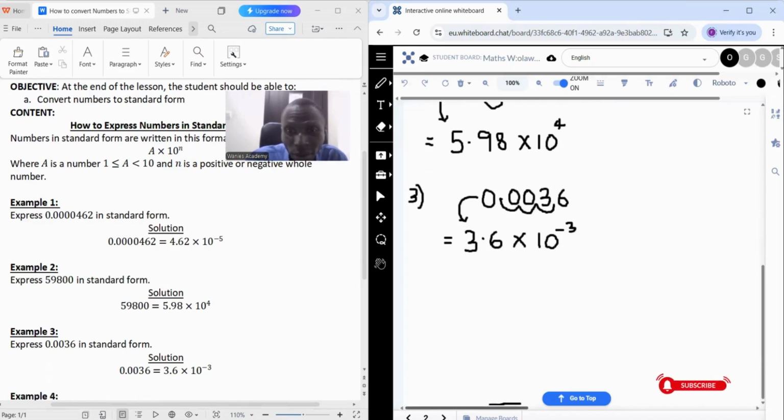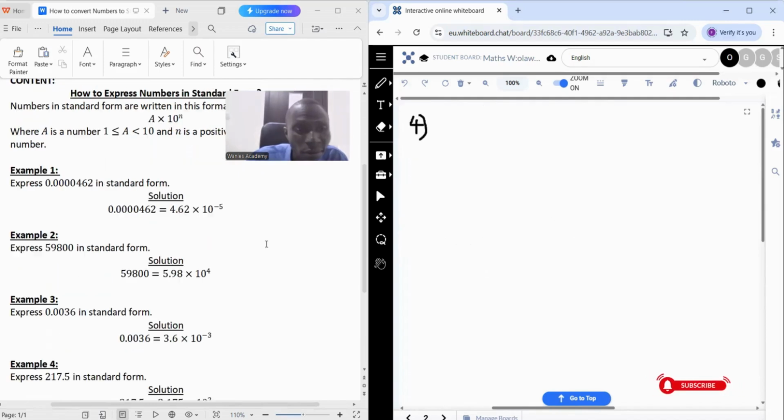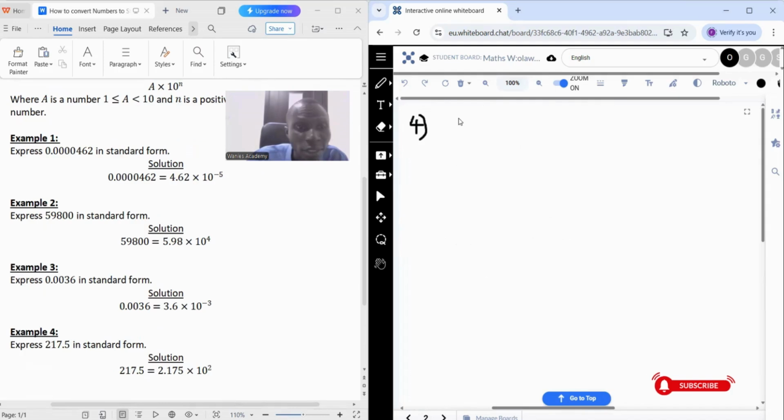And the last example. Here we have to express 217.5. Let's express this in standard form.